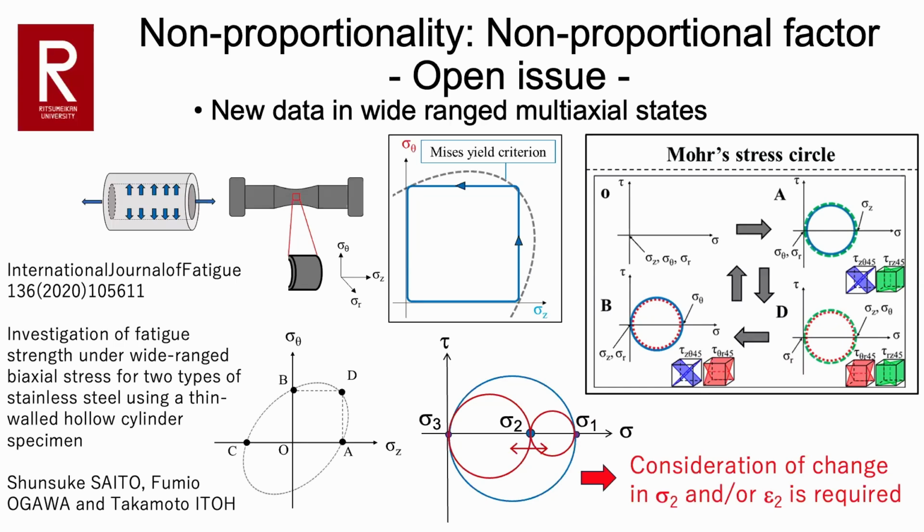This is a stress control test. This is the box test. This is one of the examples. In this case, this picture is a little bit difficult. So as you can see, there are several maximum principal shear strain planes like this.